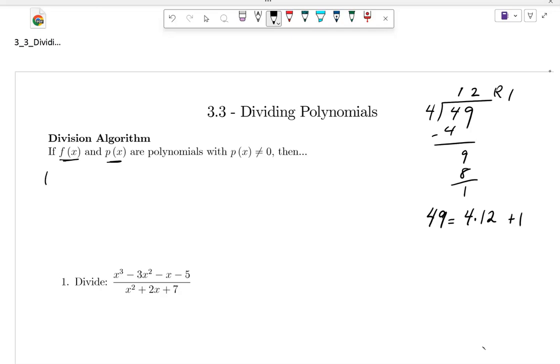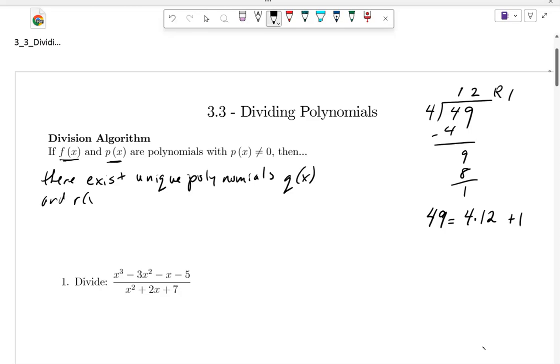We say that there exist unique polynomials, we'll call them Q and R. And we'll talk about what we're going to write here in a second.